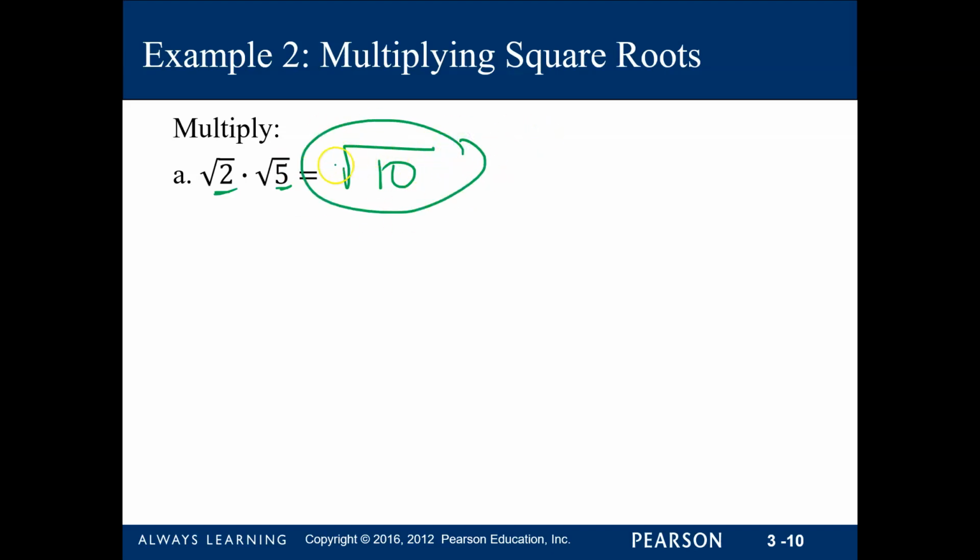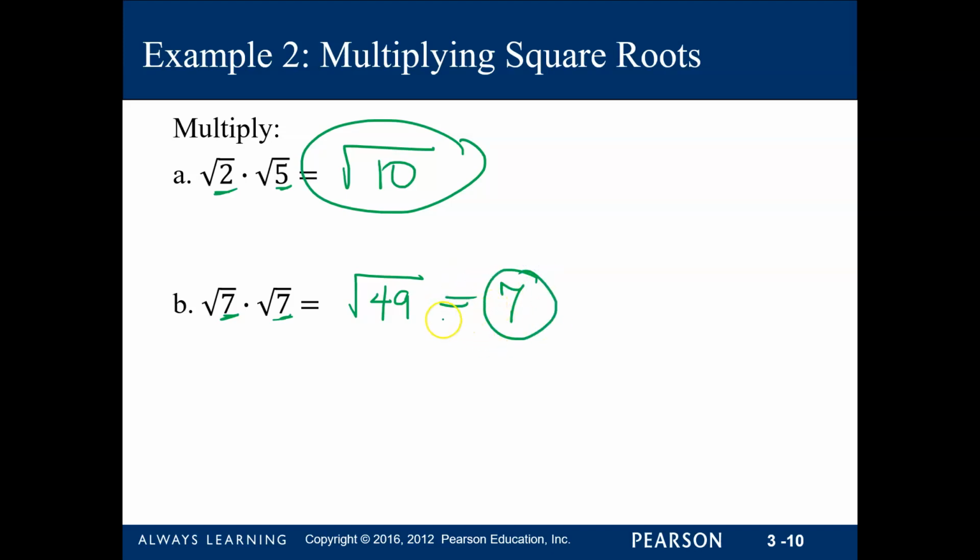That's the final answer. Here we have the square root of 7 times the square root of 7. So pretty much we're going to be multiplying 7 and 7. So that will be the square root of 49. Now check. Can we simplify the square root of 49? It so happened that 49 is a perfect square, which can be simplified as 7.